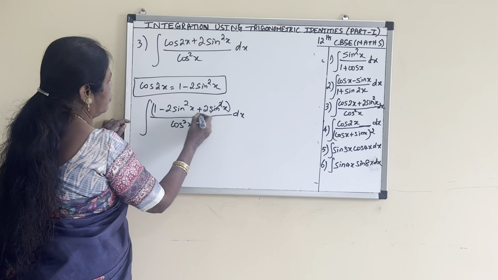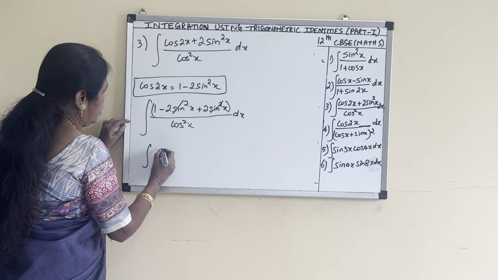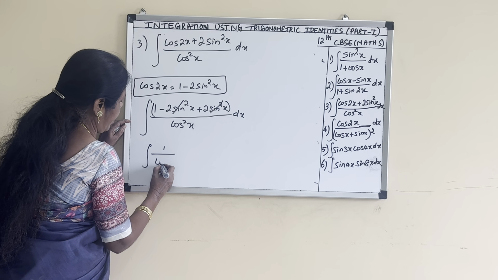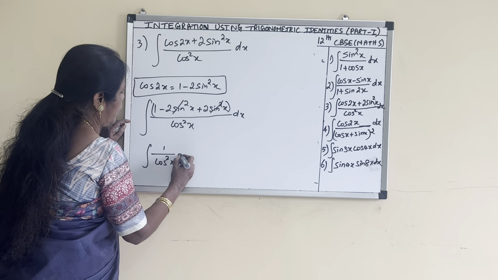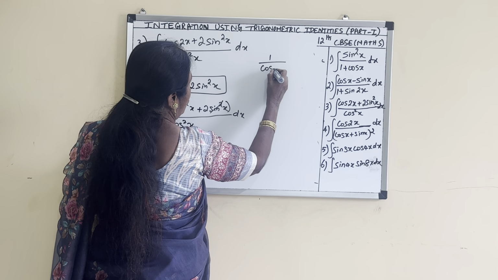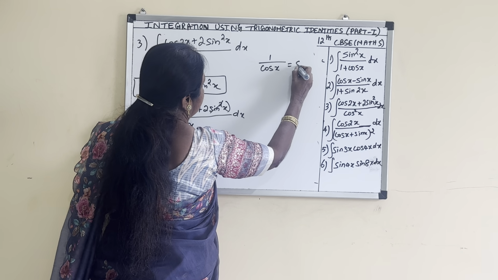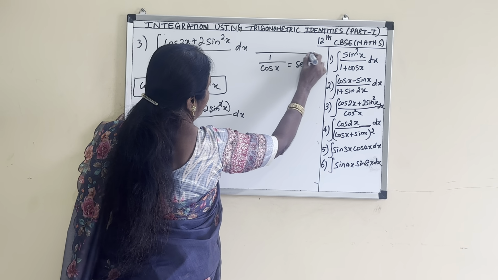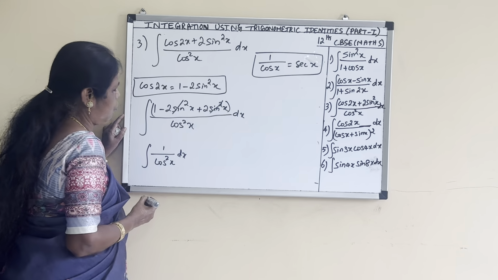Right. So cancelling this, what is left out here is 1 by cos squared x into dx. The formula of 1 by cos x is secant x, so 1 by cos squared x becomes secant squared x.